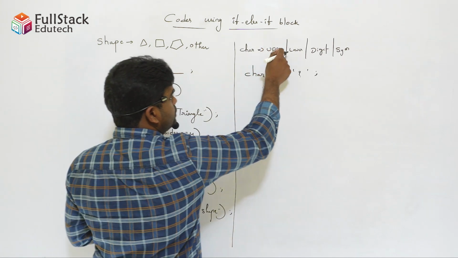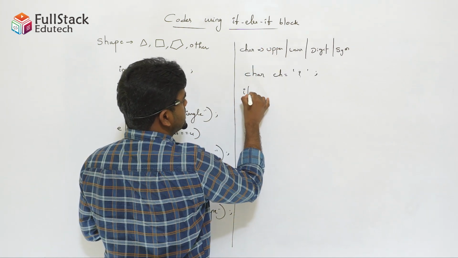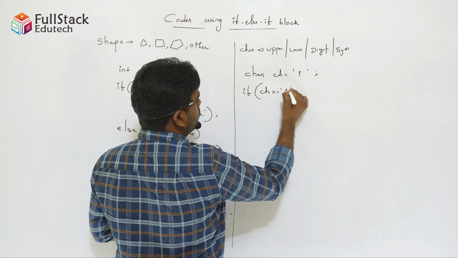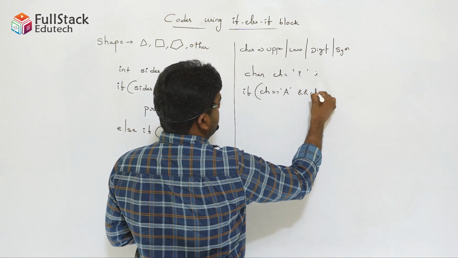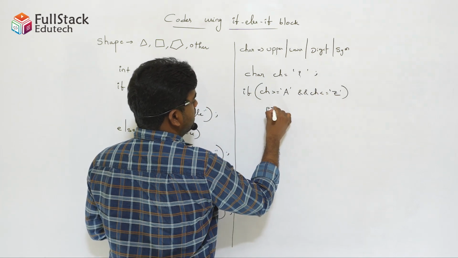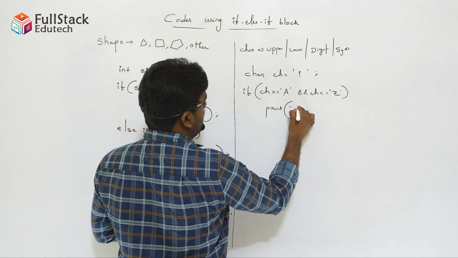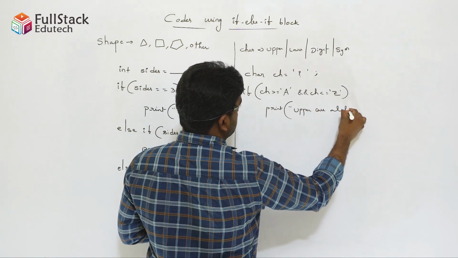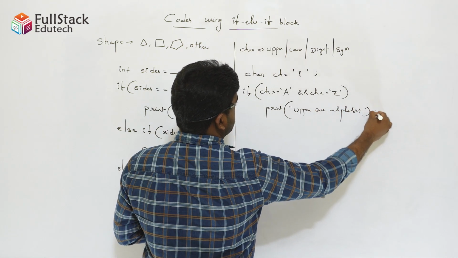But first we need to check for uppercase. The uppercase limit is what? Capital A to capital Z. So if it is between capital A and capital Z, then simply print that it's an uppercase alphabet.